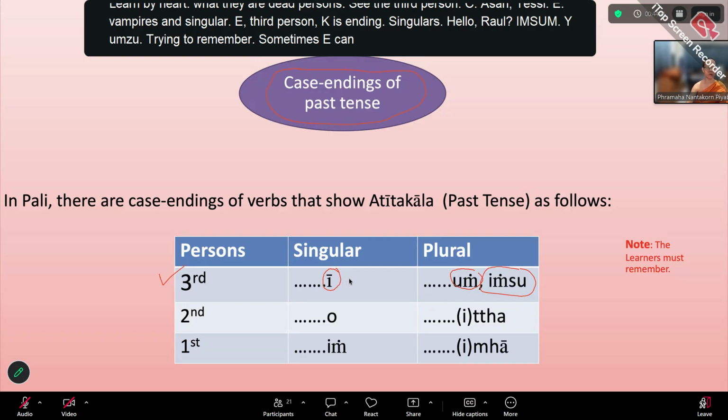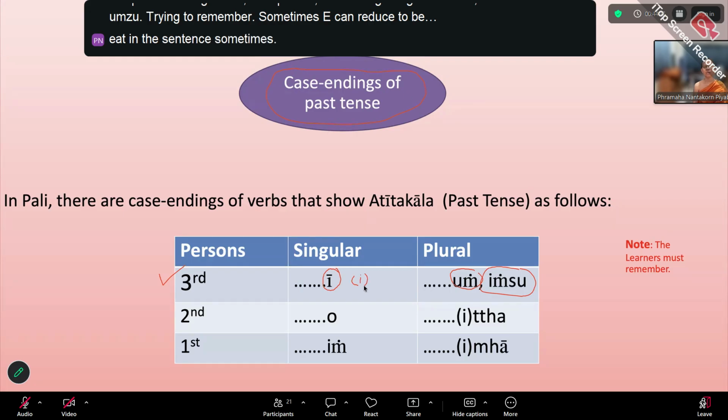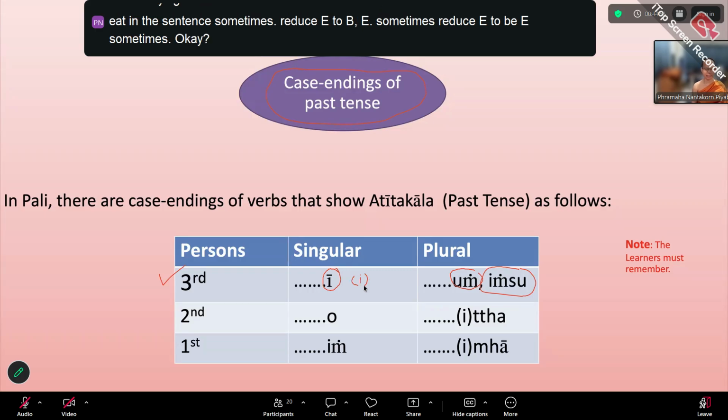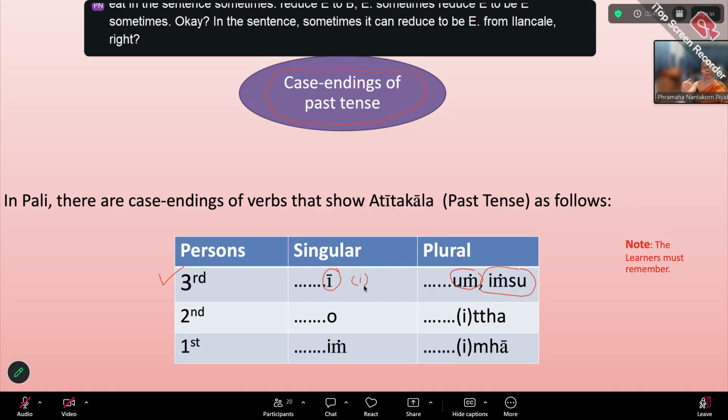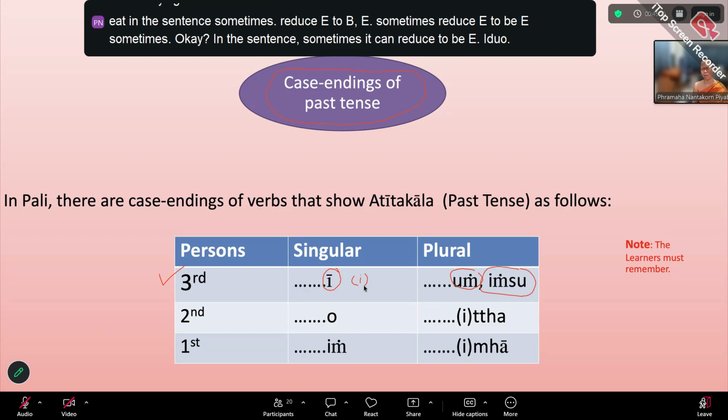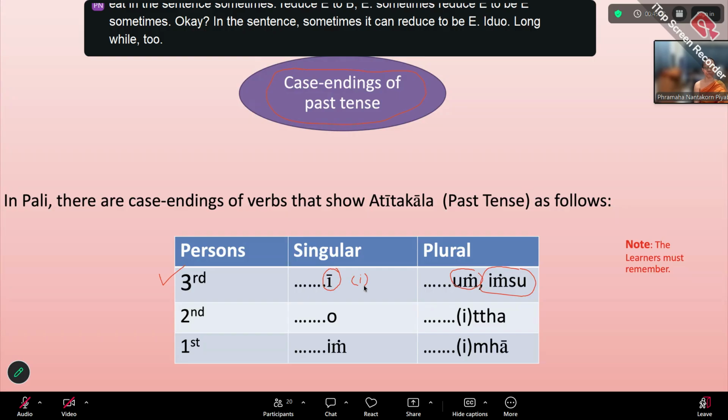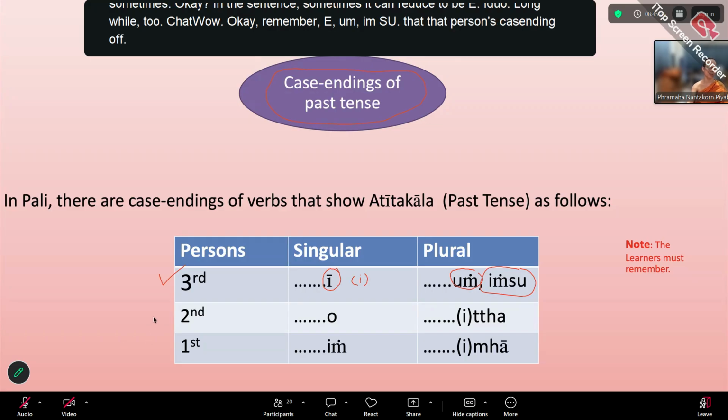Sometimes in the sentence, i can reduce to short i, from a long vowel to a short vowel. Remember i, imsu, the third person case endings of the past tense.